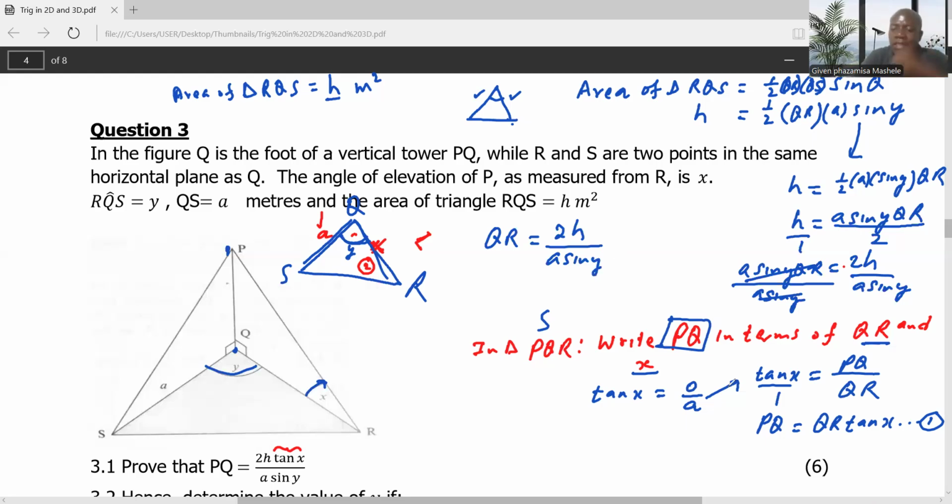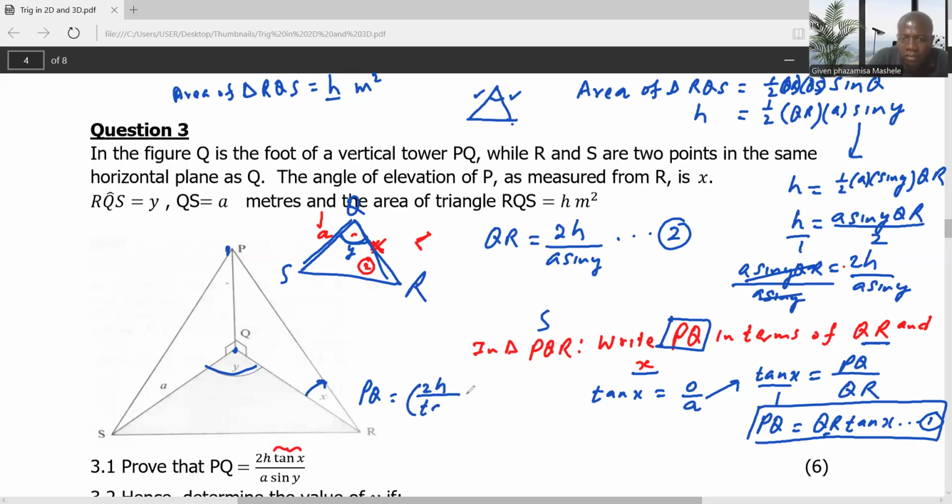So in this expression, because we want PQ, where there is QR, I will substitute that. So PQ equals, what is QR? I'm using this. QR is 2H over, not over tan x, I apologize, over A sine Y. Then times tan x.